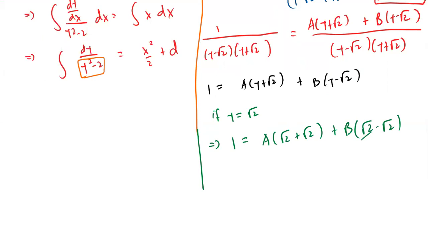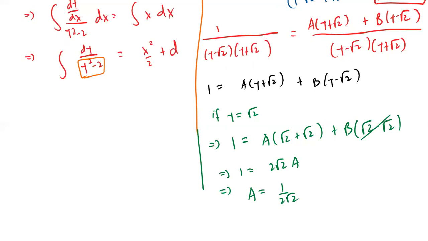So this part goes to 0, and this part goes to 2 square root of 2. So we have 1 equals 2 square root of 2 times A. Divide both sides by 2 square root of 2: A equals 1 over 2 square root of 2.